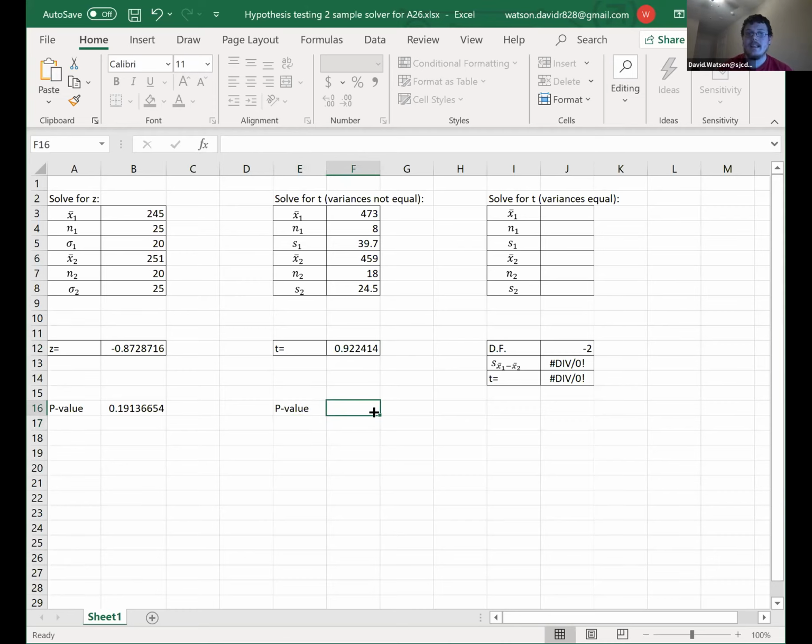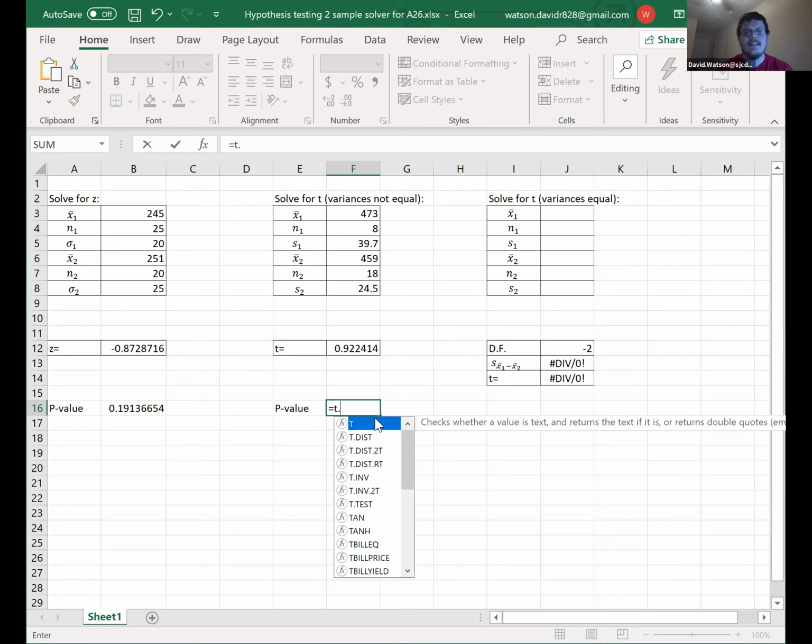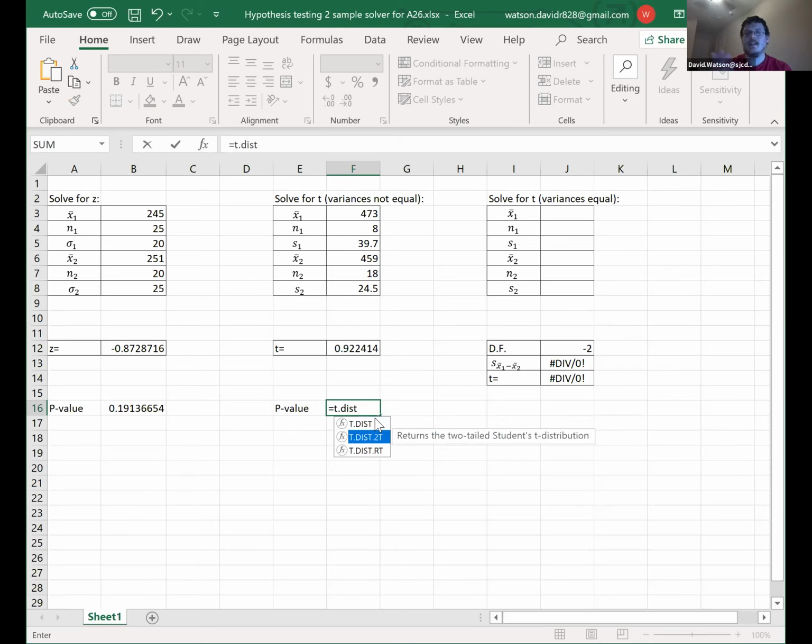Now remember, for t, it's nice and easy because Excel has built-in functions that already work for left-tailed, right-tailed, or two-tailed tests. In this case, we want a two-tailed test. So it's going to be equals T.DIST.2T, which stands for two tails. And for this, we need two different things. The first is the t that we just found. The second is the degrees of freedom.